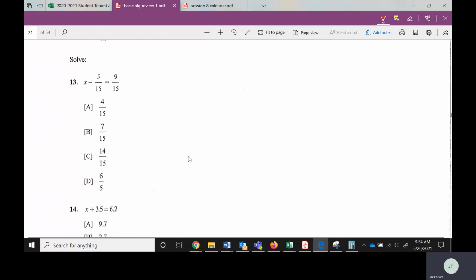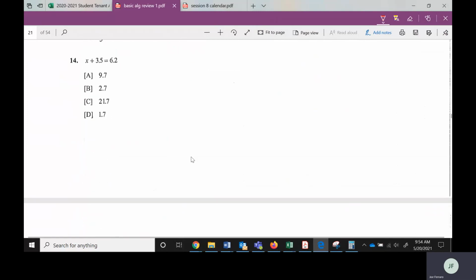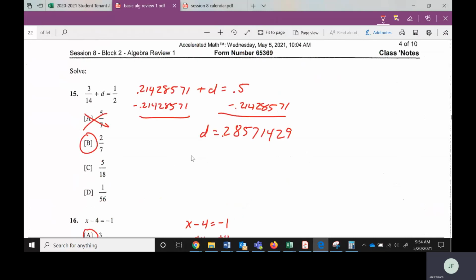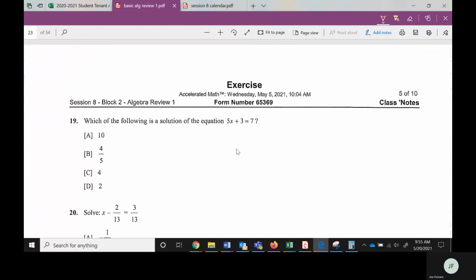Again, we're going to skip ahead to another problem that we're going to do by guess and check. Number 19, again, we will figure out how to solve. This would be a multi-step problem, and if you remember how to do that, go ahead and do it. But in this chapter or section, they'll give you numbers that are easy to work with by just using the choices here and seeing which one works.